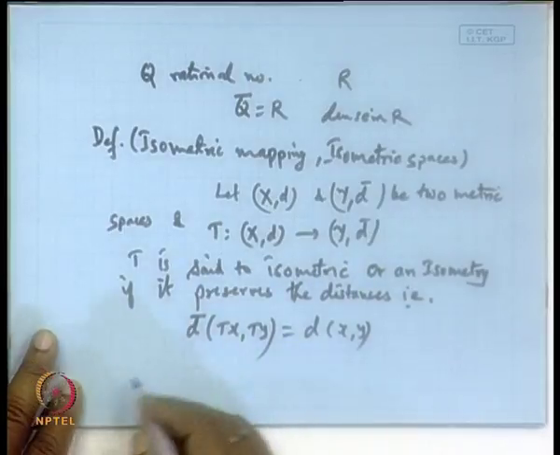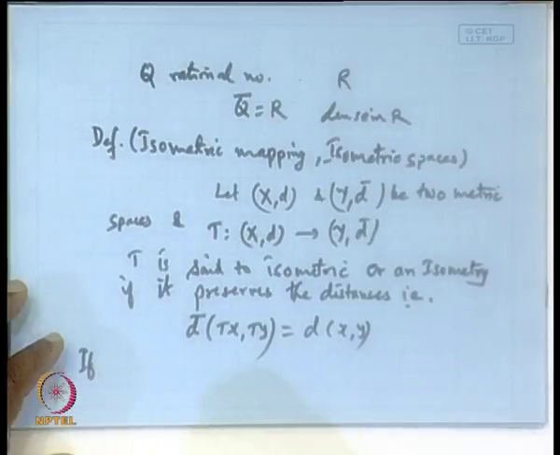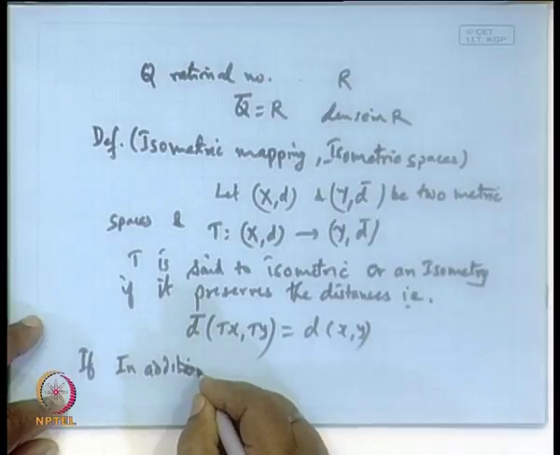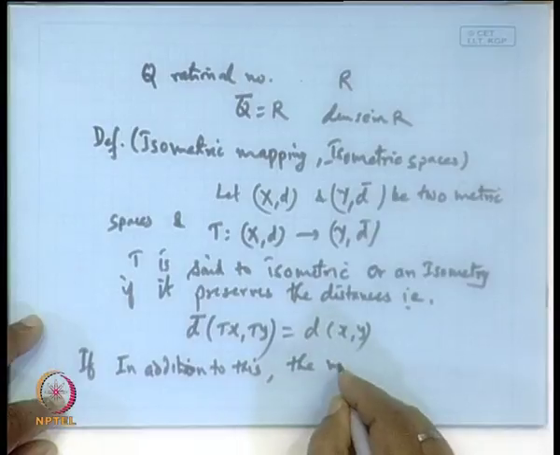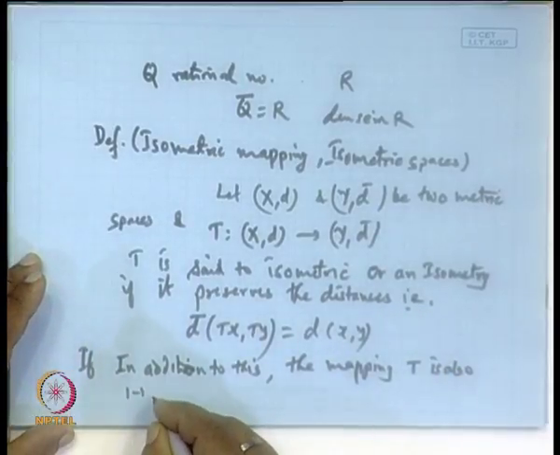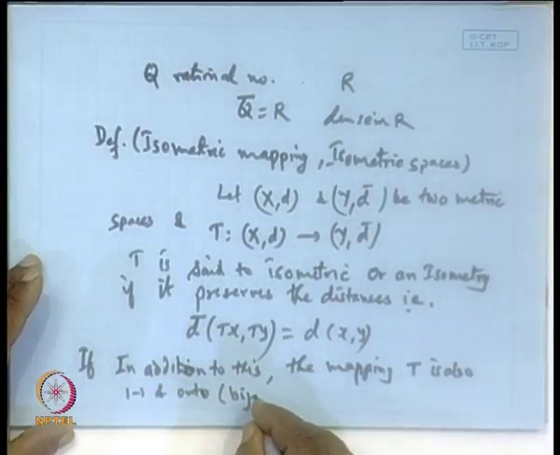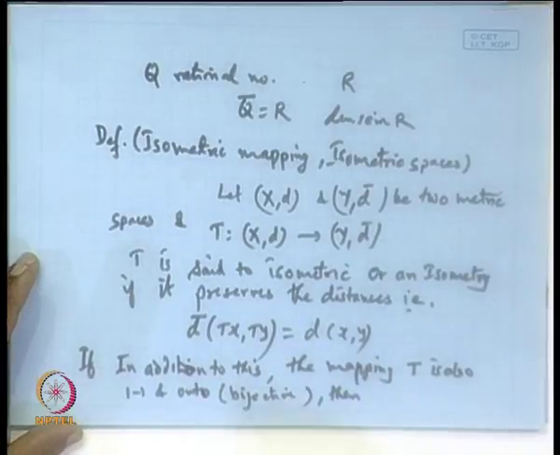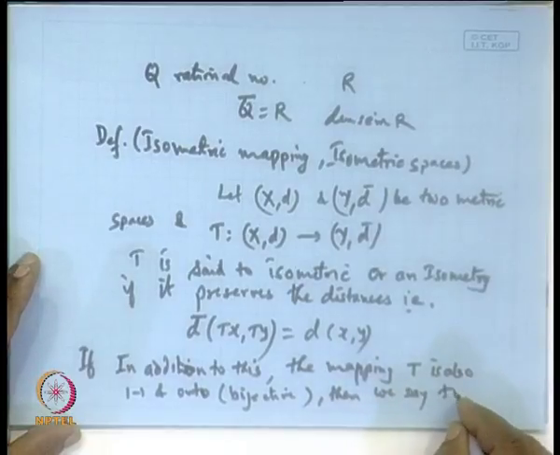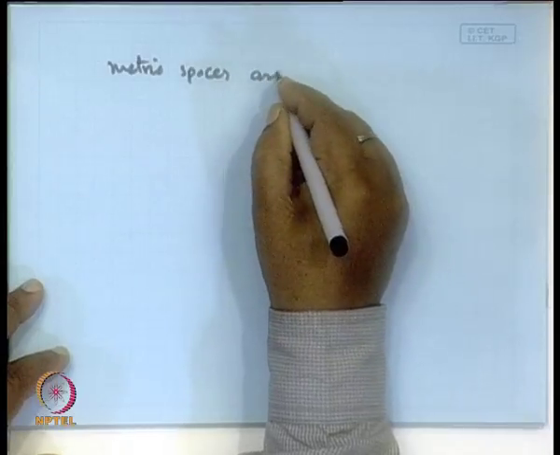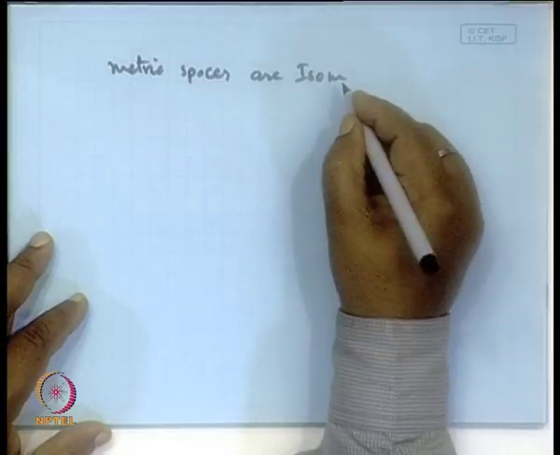Now, in addition to this, if the mapping T is also one-one and onto, that is, a bijective mapping from X to Y, then we say the two metric spaces are isometric spaces.